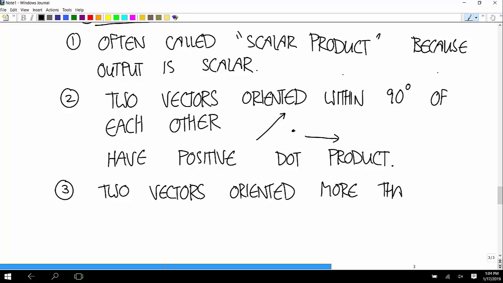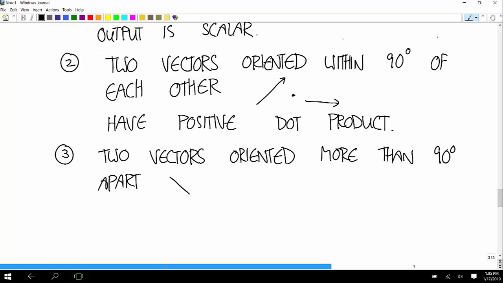So an example of that would be this dotted with this. If you put those two tail to tail, that's an angle of more than 90 degrees. They have a negative dot product.